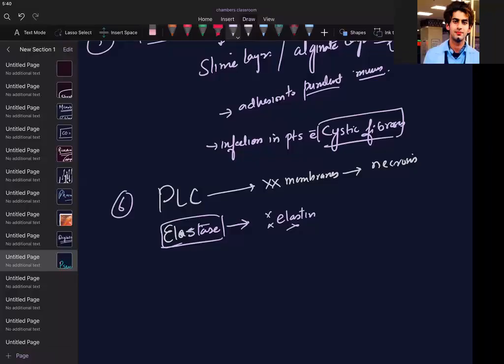And it has IgA protease. Whatever is outside the cell, it will start producing its enzymes and destroy them, finally leading to damage of the cells. This you can remember. Okay. Any doubt till this moment?